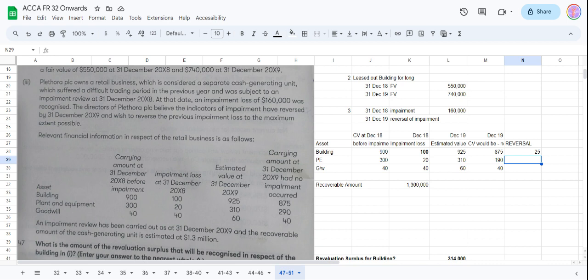If impairment had not occurred, the values are 875, 290, and 40. Sorry, that was confusing. This was a typing error. So how much can they reverse here? 925 minus 875.